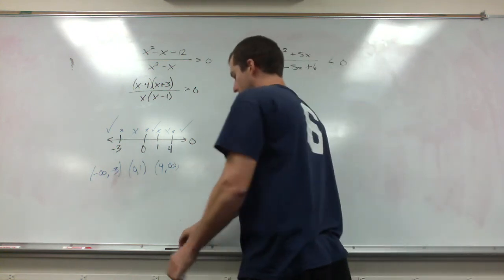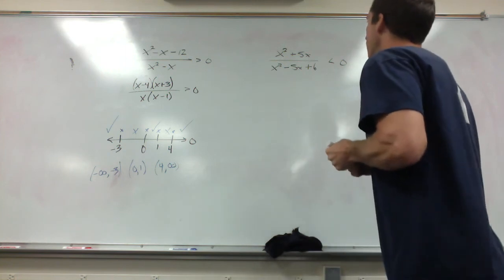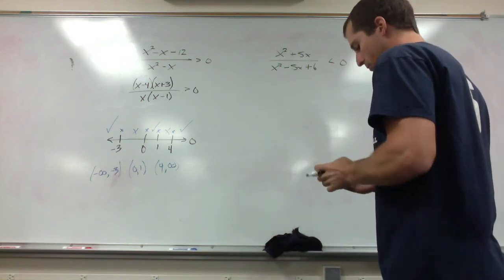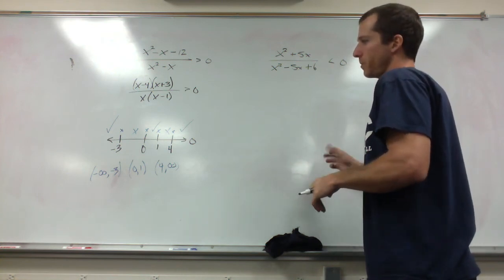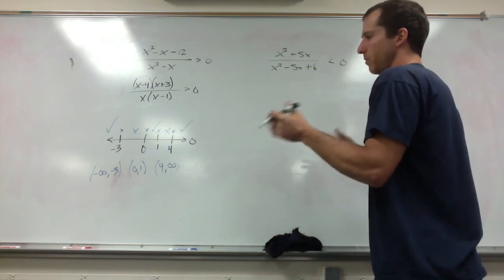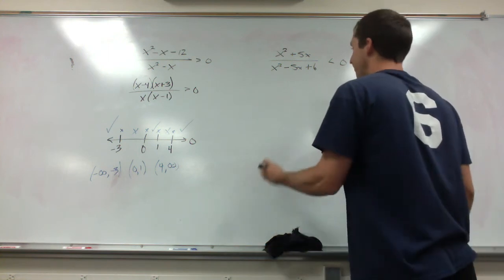Process is nearly identical on the second one. Factor the numerator and the denominator, find your boundary points, test the boundary points, test intervals between, write your interval.